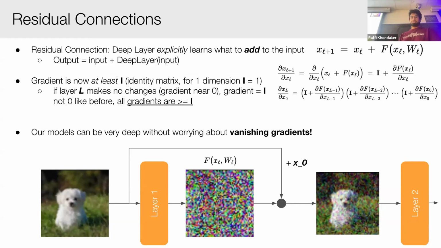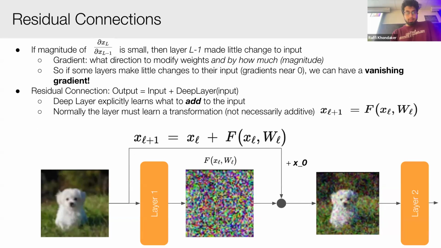So what's an easier solution for this? Oh, sorry, I skipped a slide. What we're effectively doing, if you remember that function representation, is that XL plus one, the output after the layer, is some function of XL, the previous inputs, and the weights.